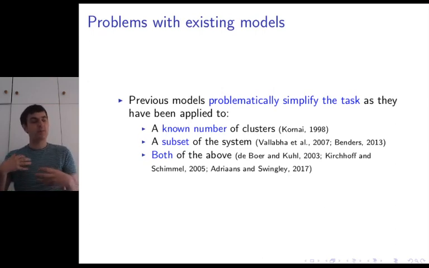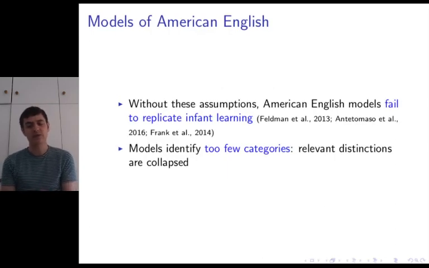And so really, these models provide a limited sort of support for the use of this mechanism. They don't really represent the learning task that infants face in a particularly accurate way. And if we strip away these assumptions, even when we use fairly complex learning models, it's not possible to replicate the rapid and accurate learning that we see in infancy for American English vowels using these kinds of statistical mechanisms.